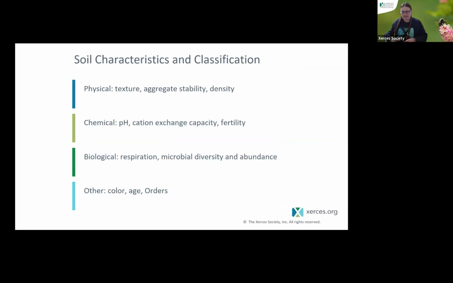And we classify soil by different characteristics, right? The physical characteristics, the texture, the squeeze test, the aggregate stability and density; chemical, pH, cation exchange capacity, and fertility; biological characteristics like respiration, microbial diversity and abundance; and then other color, age, and orders.